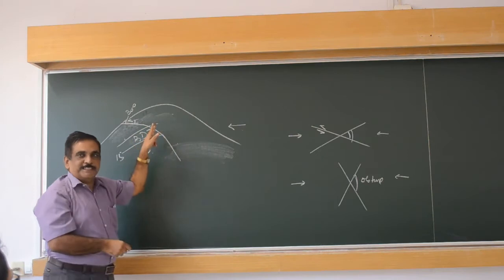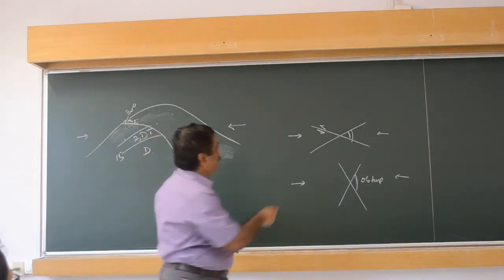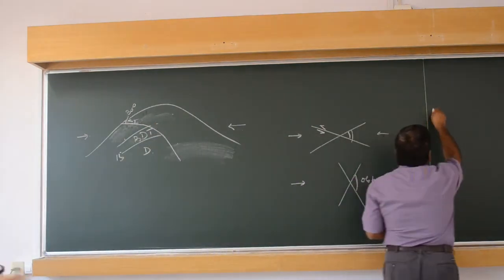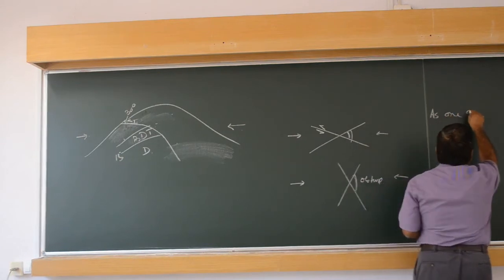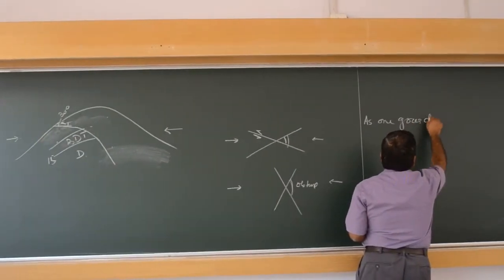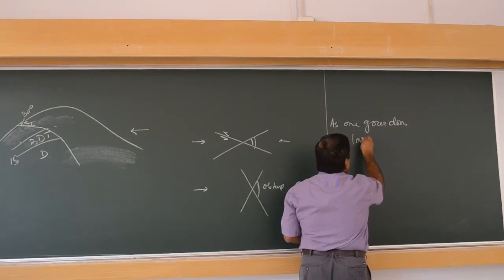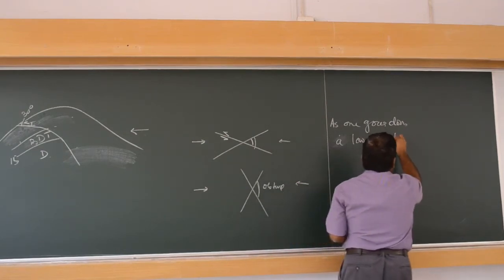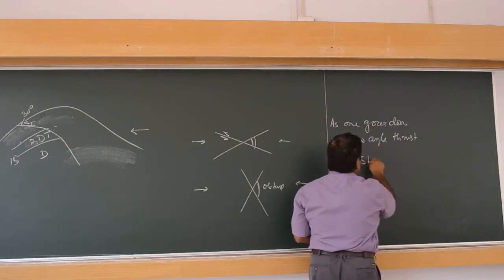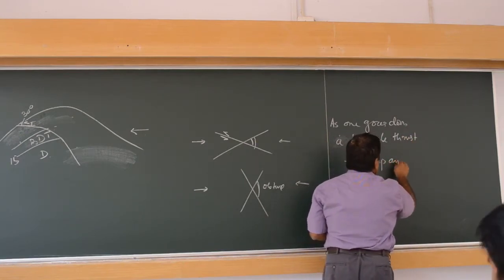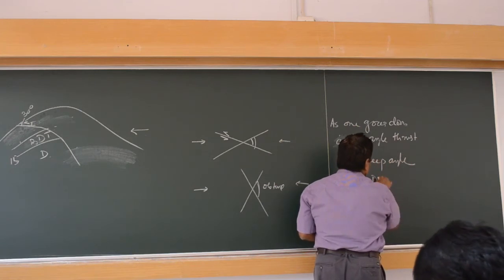You understand now why it is changing its nature. As one goes down, a low angle thrust becomes a steep angle thrust. Steep angle ductile thrust.